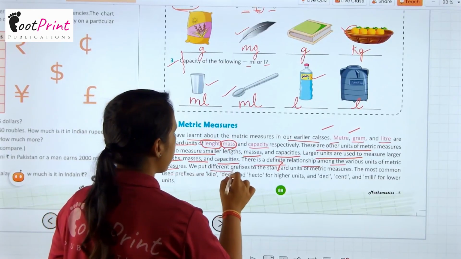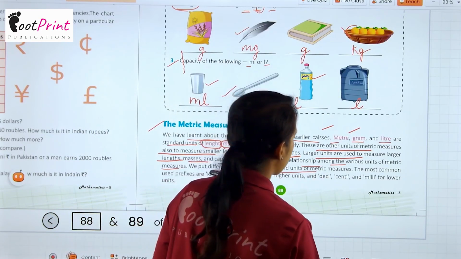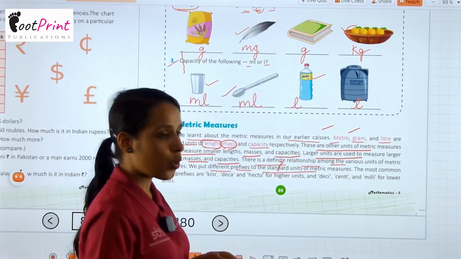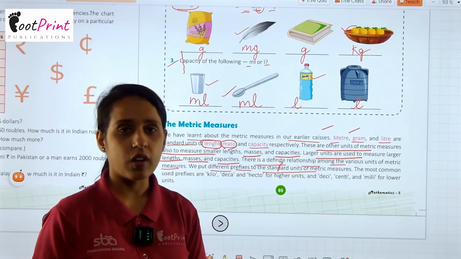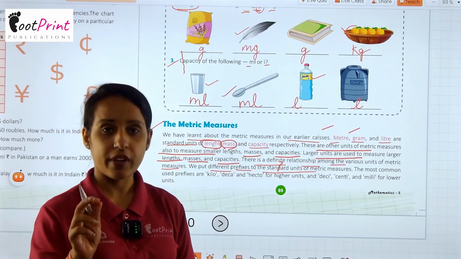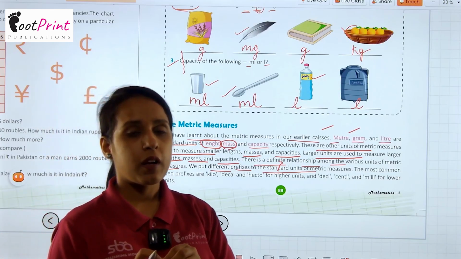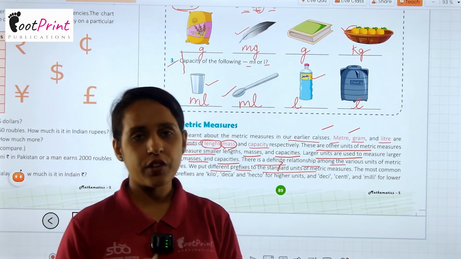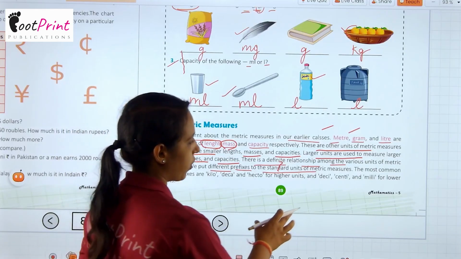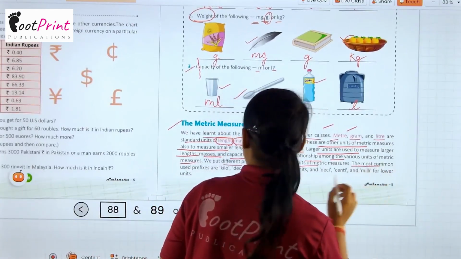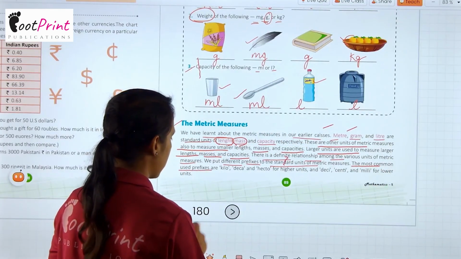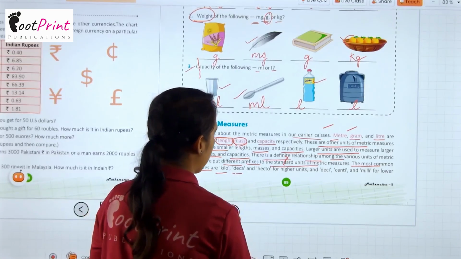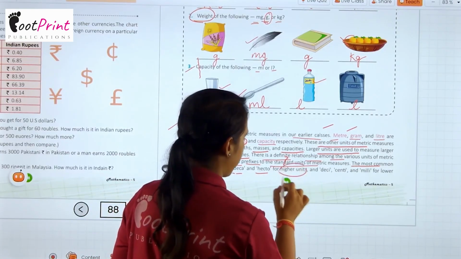We put different prefixes to the standard units of metric measures. So whatever standard units we have, we put a prefix in front of them, which makes them smaller units and larger units. The most commonly used prefixes are kilo, deca and hecto for higher units.